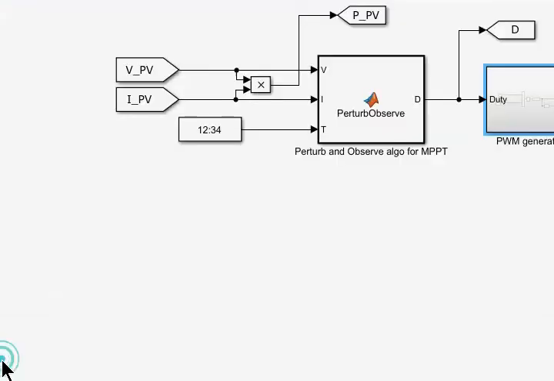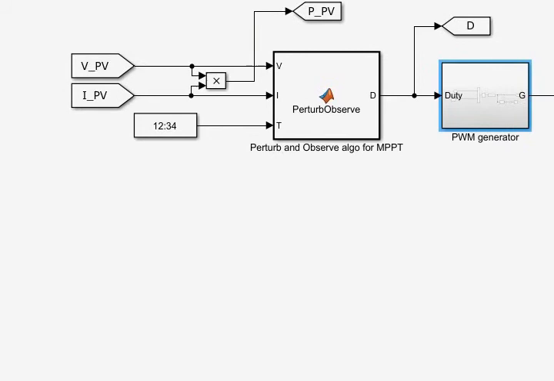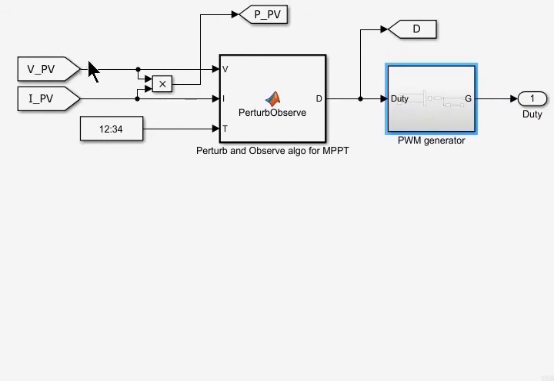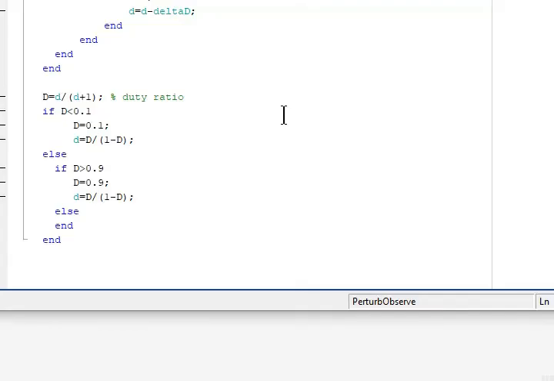So let's come back to this one. That's the perturb and observe algorithm. It takes V and I of the PV and calculates the power inside the function.